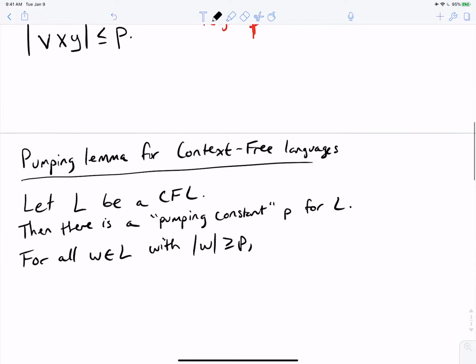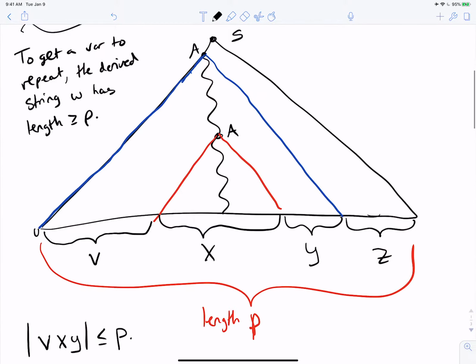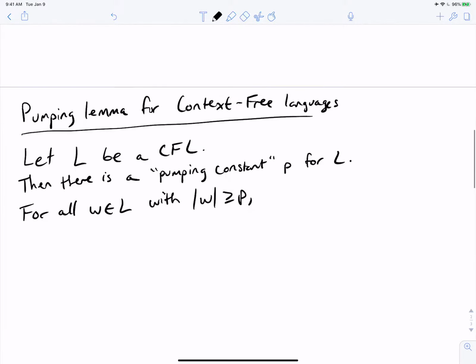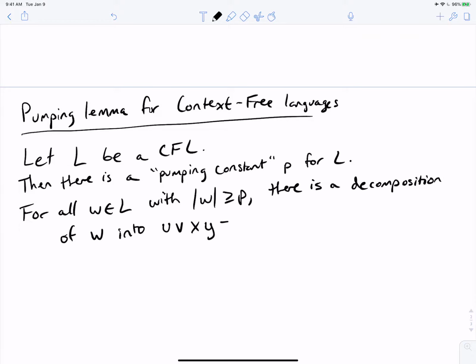The reason is, as long as there's some way to break this string up into 5 pieces, I can repeat it as much as I want to. I don't care about any other way to decompose it. So this tells us there is a decomposition of W into U, V, X, Y, Z.